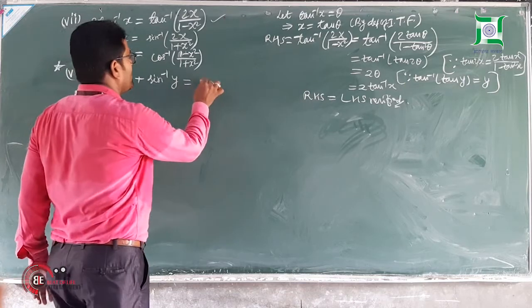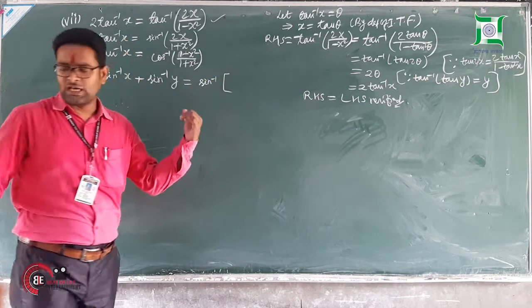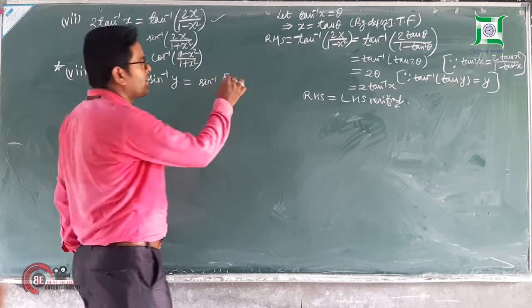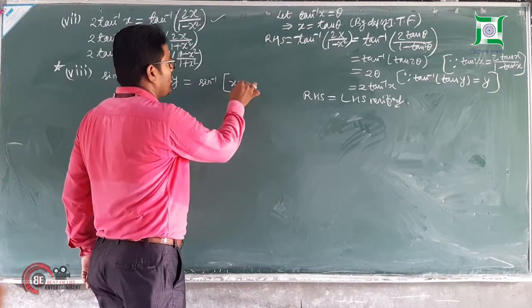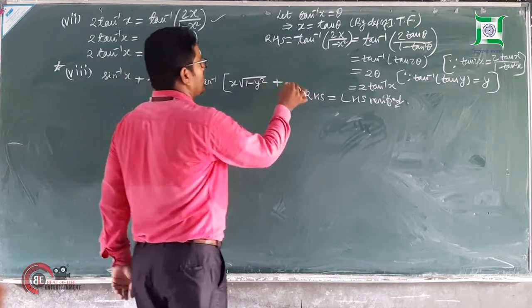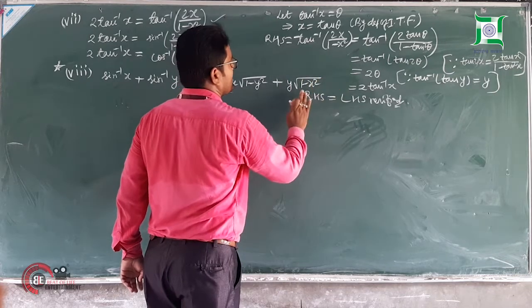It will be sine inverse x root under 1 minus y square plus y root under 1 minus x square. It will be tough for the students to remember. Try to understand this.